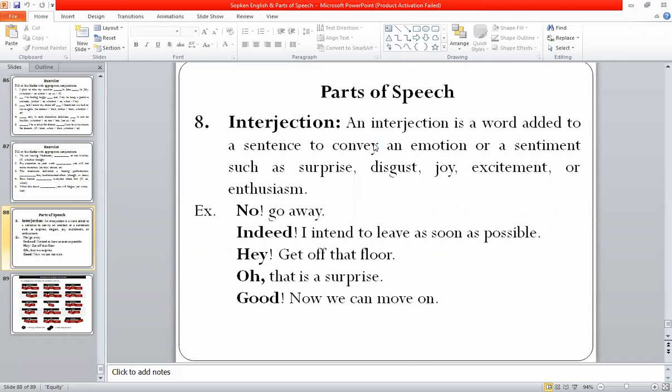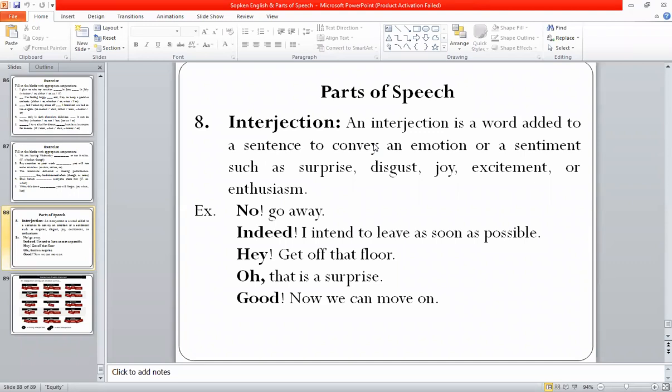These are also exclamations, so after these words there comes the exclamatory mark, so that these words are differentiated from other words. These are words that don't have any grammatical structure. So let's see the examples first, and then we will see what the other interjections are.